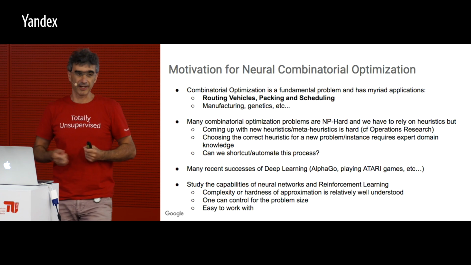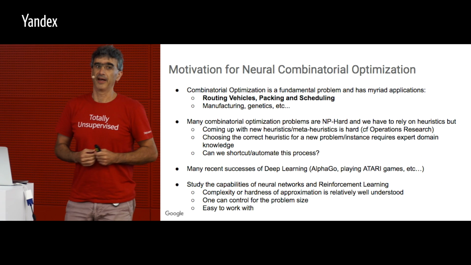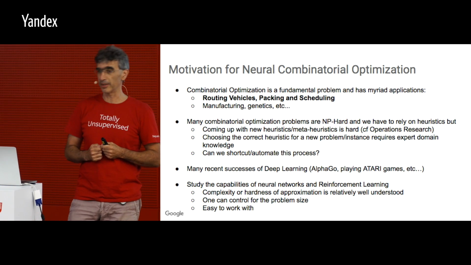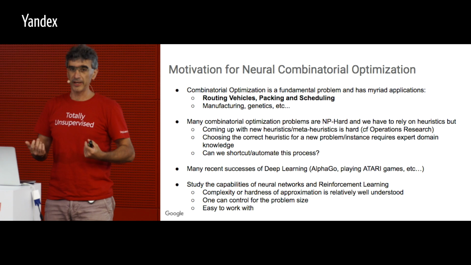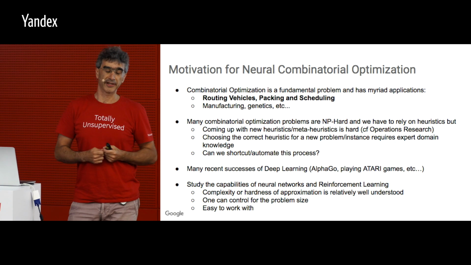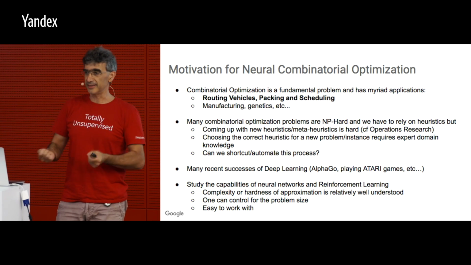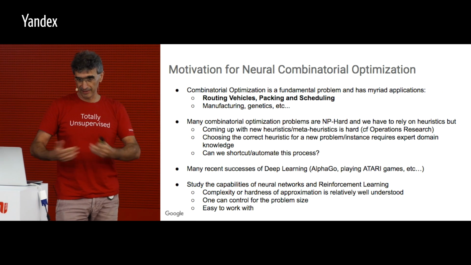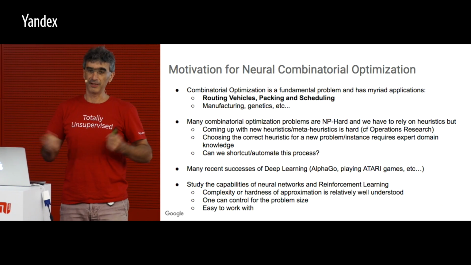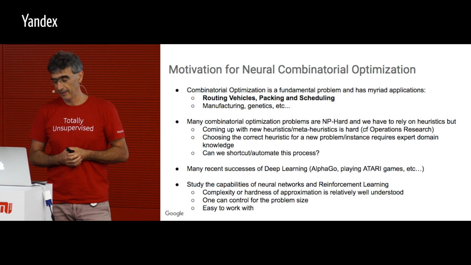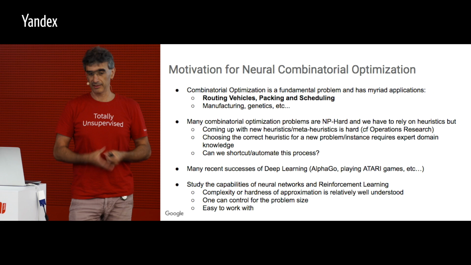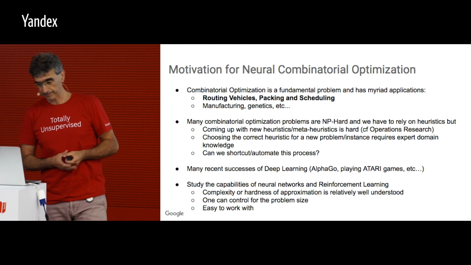So the question is, can we actually automate all of that and have just a deep learning box that would solve it for us, in the same way that we've been doing for all these other deep learning successes, where you don't have to design features, you just put your model in the black box, and suddenly the solution appears. We know it worked for a few other applications recently, so why not combinatorial optimization?